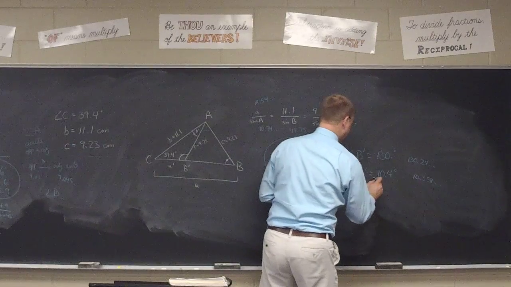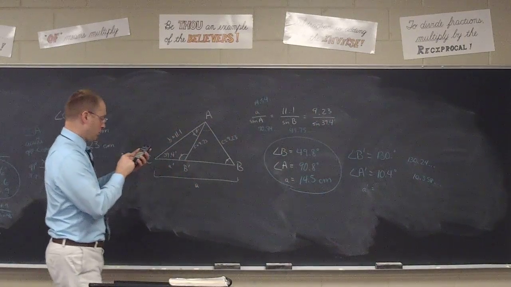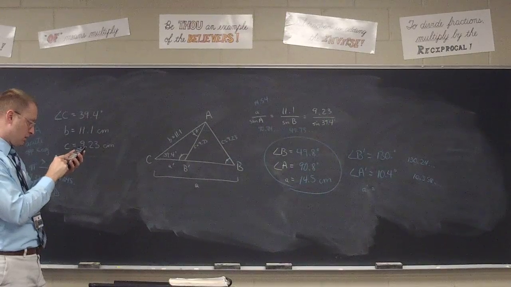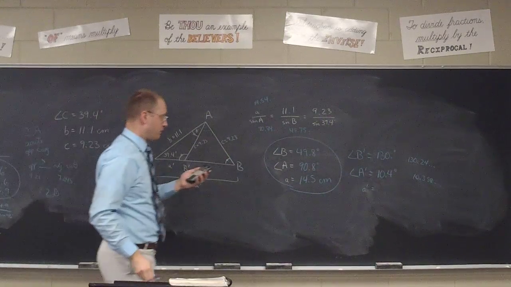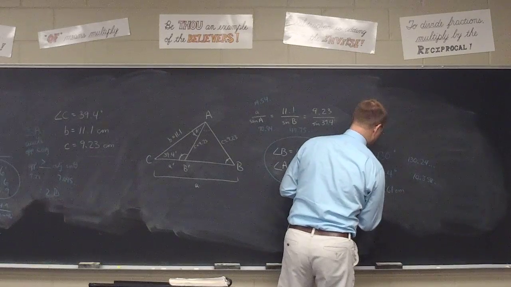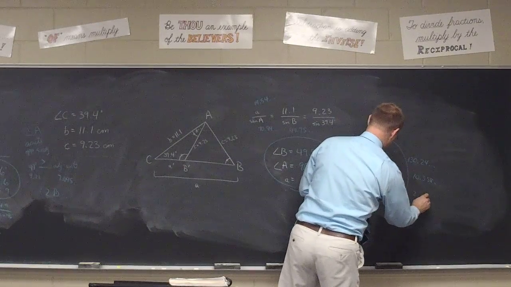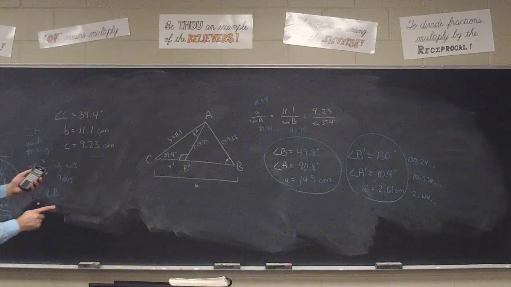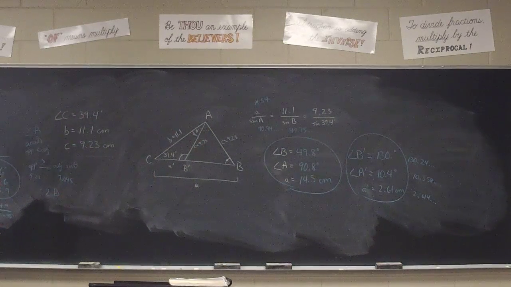And then little a prime will be not very big either. It'll be 2.61 centimeters, 2.614 and so on. Make sure those numbers add up. And they do barely. Yeah, it seems like that should work out. You good to go on those numbers?